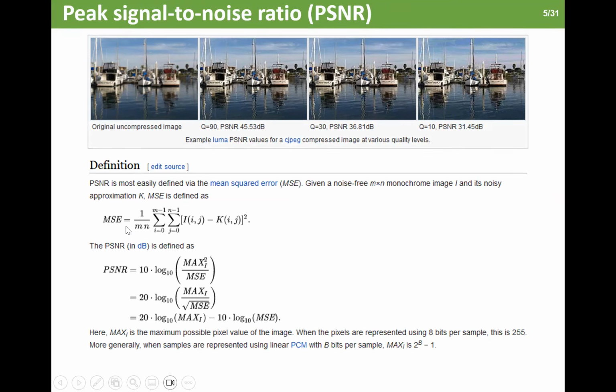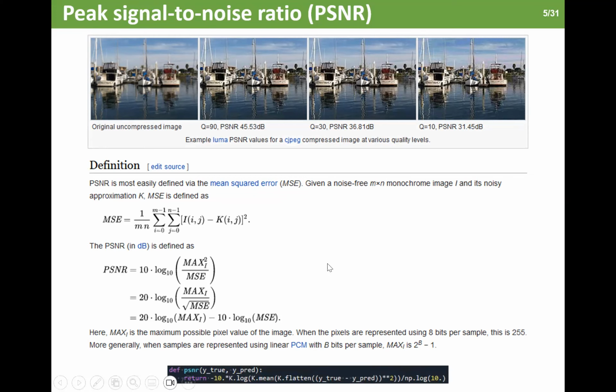Okay, but usually they report PSNR, which is just this mathematical function here. Okay, and if you're using Python, you can use something like this, PSNR.